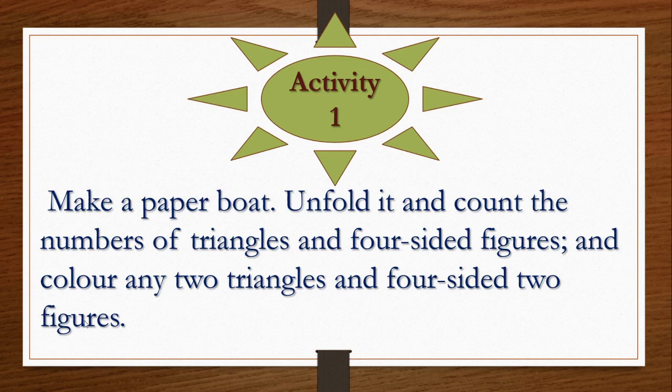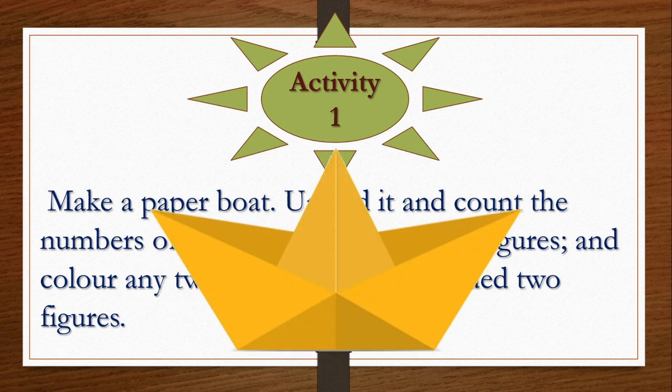Here I will show you the boat. See, this is our boat. Dear children, you have to make like this boat by the help of the paper. Take your mother's help or your sister or brother's help. Okay? Because you are at home now. Otherwise, you can take your neighbor's help also. First you make the boat, then you unfold it, means open it.